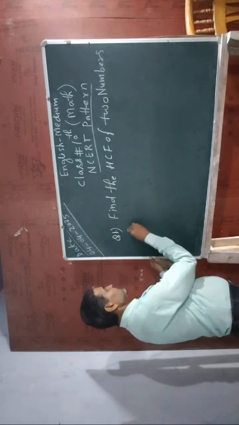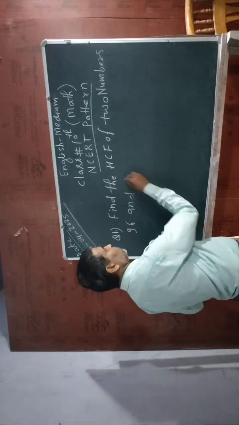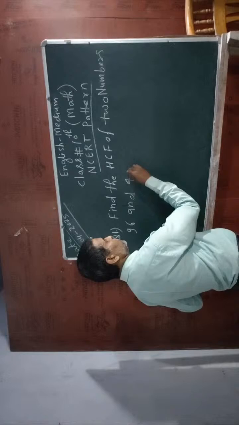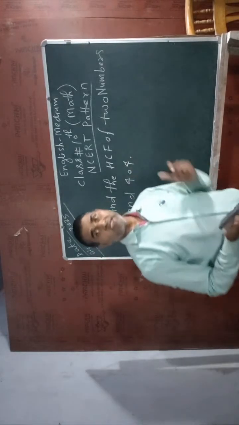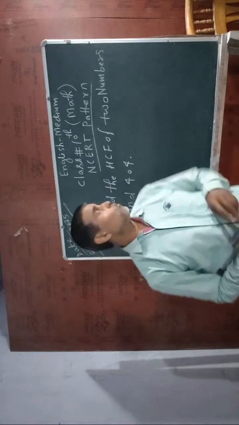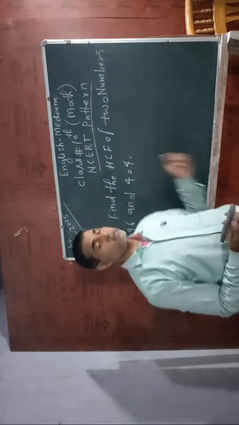One is 96 and other is 404. Now in this case, there are two numbers available. One number is 96 and other number is 404.